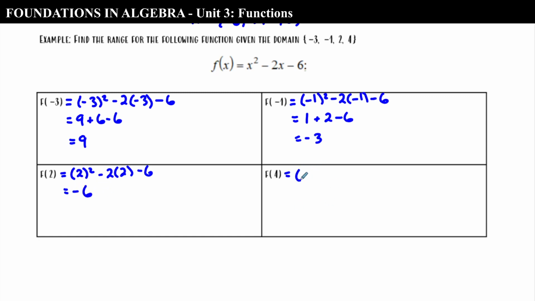And then 4 squared minus 2 times 4 minus 6. So that's going to be 16 minus 6 gives us 10, minus 8 gives us 2. And so our range of values would be 9, -3, -6, and 2.